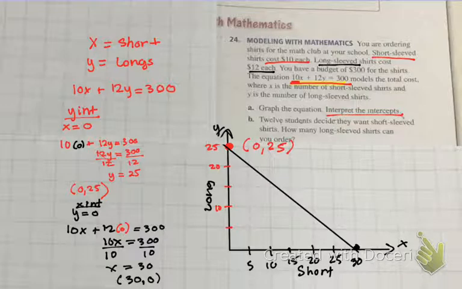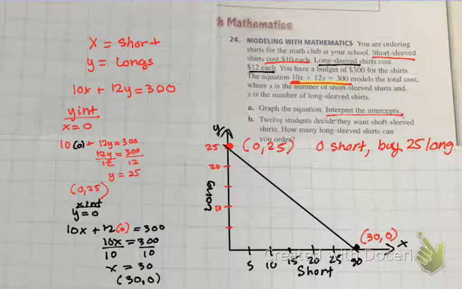Right, 0 across, 0 short sleeves. This means to interpret is for 0 short sleeves, I can buy 25 long. And what does the other one represent? 30, 0. Okay, what does the other one represent, David?